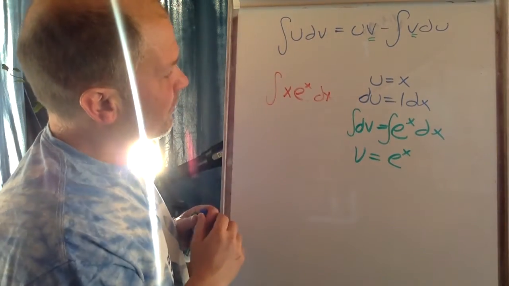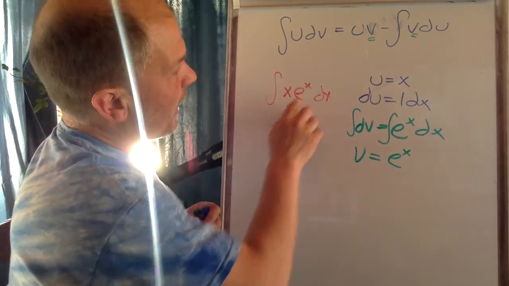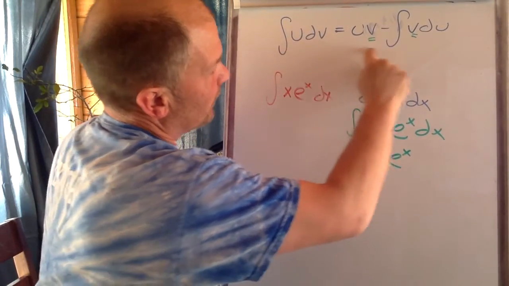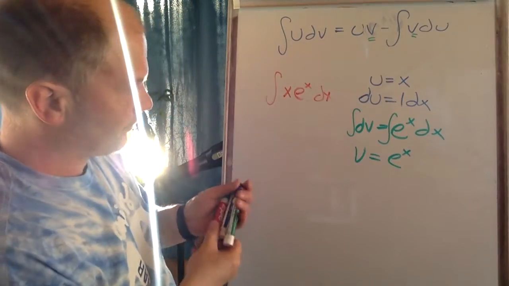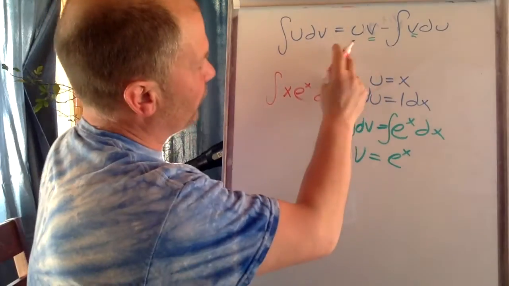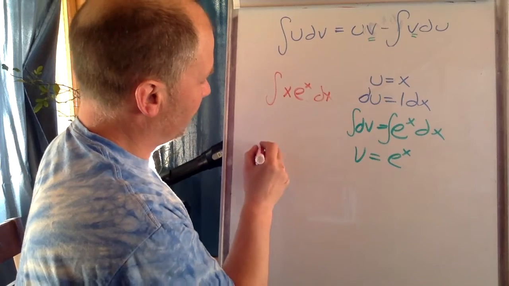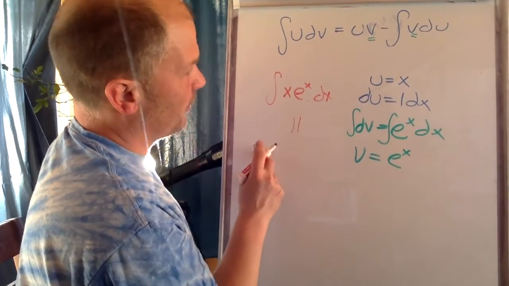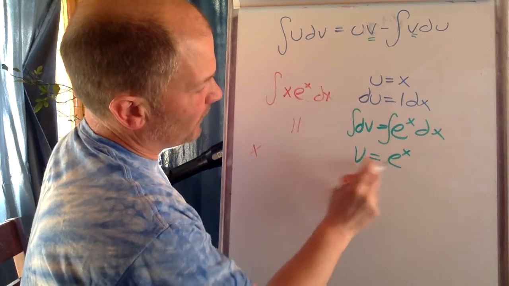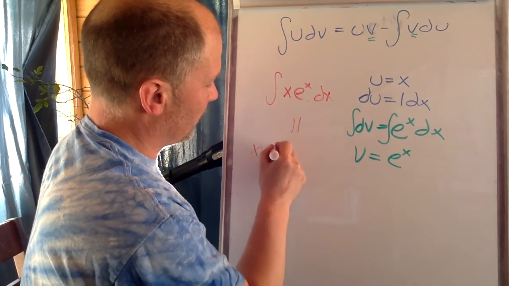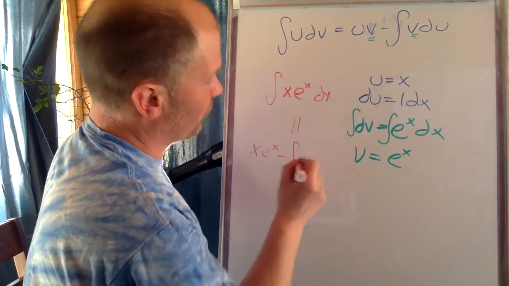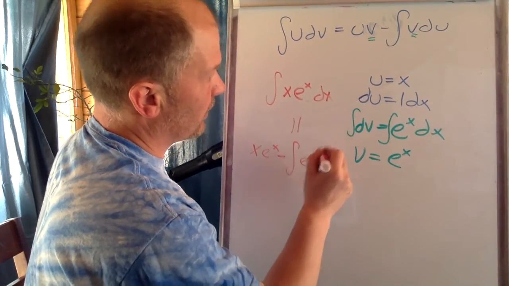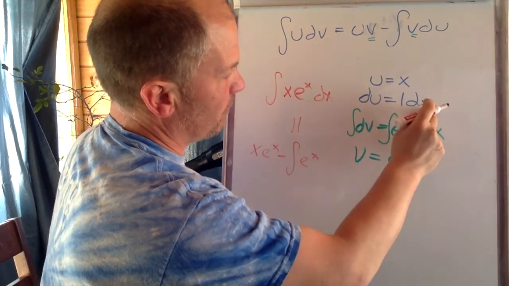So now I have u and v, and I got dv is e to the x dx, so I'm going to now do my substitution, and I'm going to say that this red equation is now this blue equation. So it is u, which is x, times v, which is e to the x, minus the integral of v, which is e to the x, du, which is 1 dx.